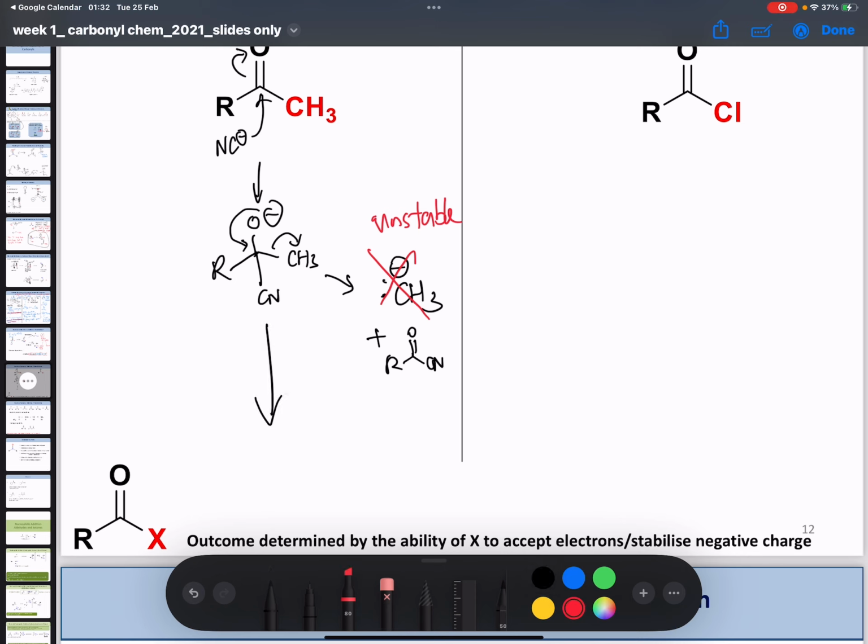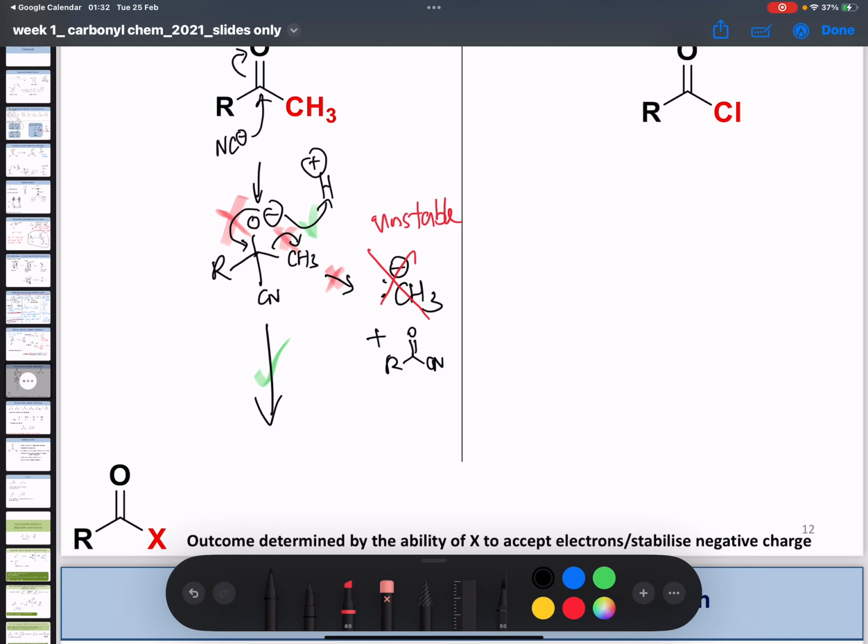So I'm just going to put that as no, right? What's going to happen instead is you're going to get an H plus, which I'm just going to put here, and mark it out with a tick. Just mark that out with a cross as well.